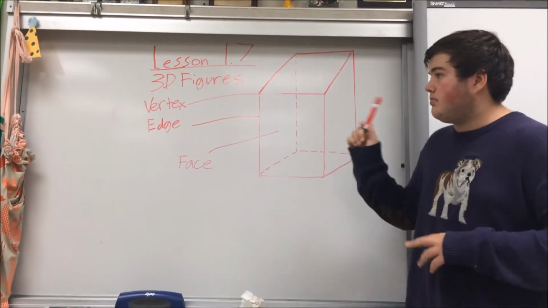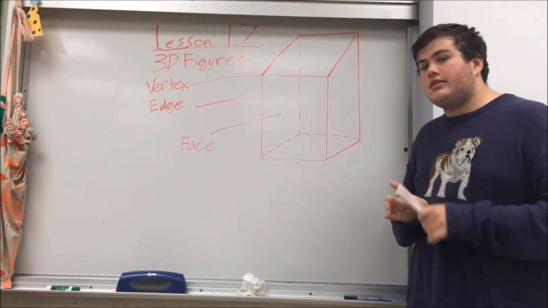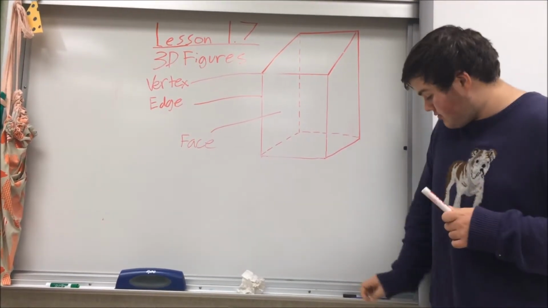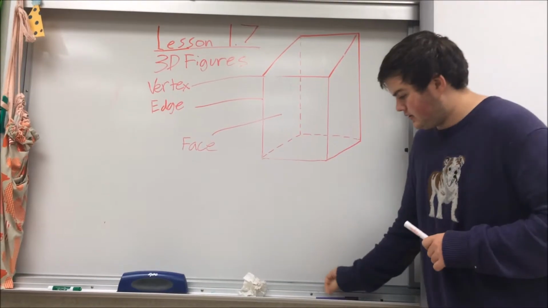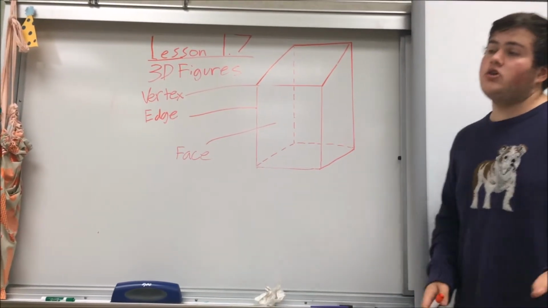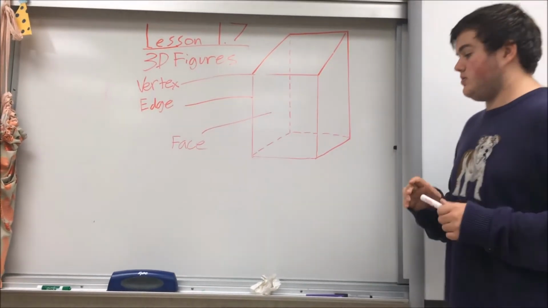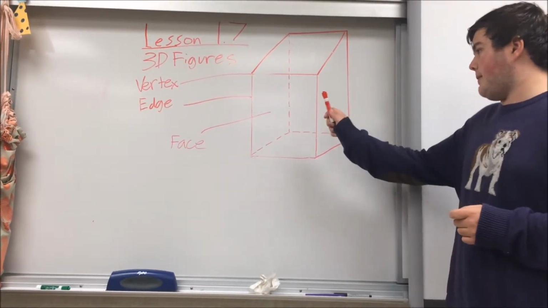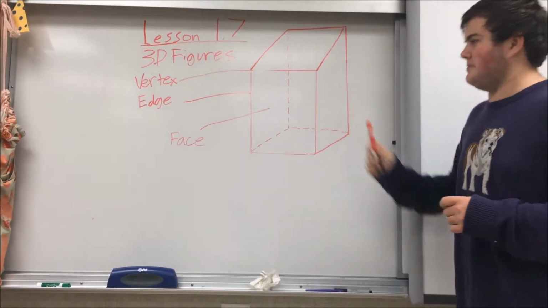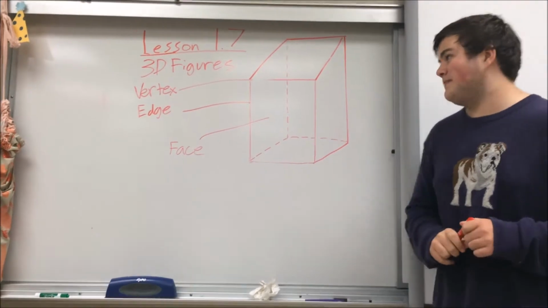So, lesson 1.7, 3D figures. So, these are any figures that are like in real life, like a pen or a tissue. But we're not going to be measuring those because that would take forever. No, we're going to be measuring things like a rectangular prism. So let's look at some of the vocabulary for these figures.